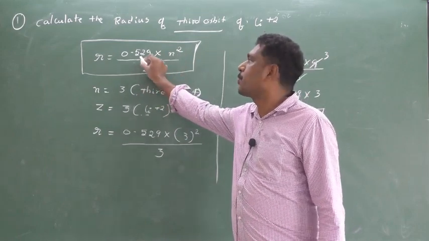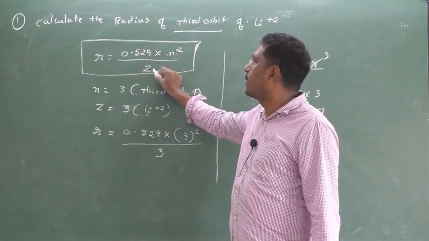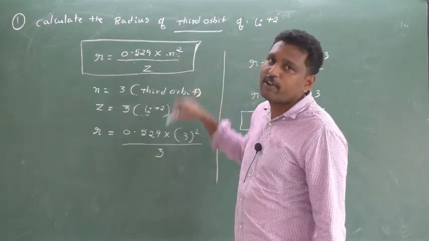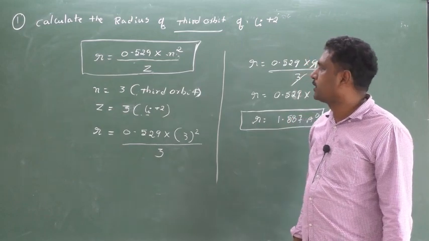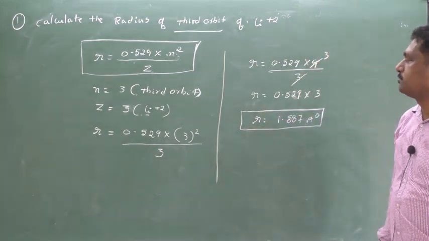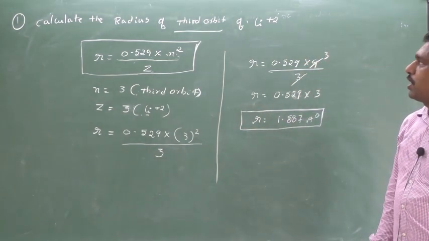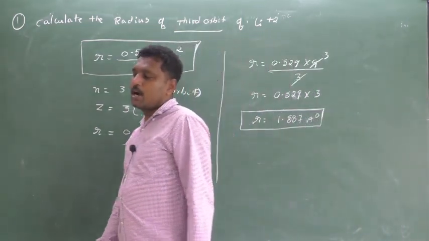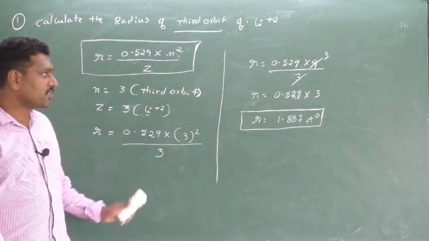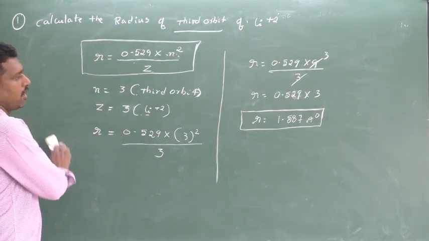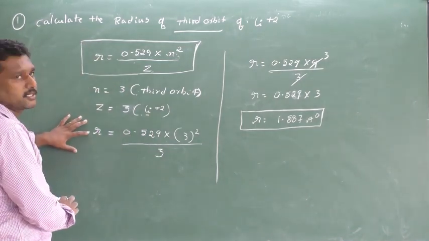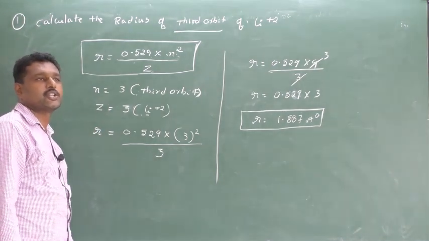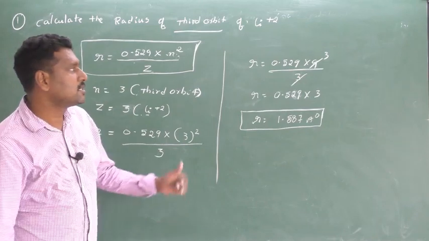Therefore 0.529 into 2 square by 2, 4 by 2, so 0.529 into 2. So this is the process to calculate the radius of any orbit.